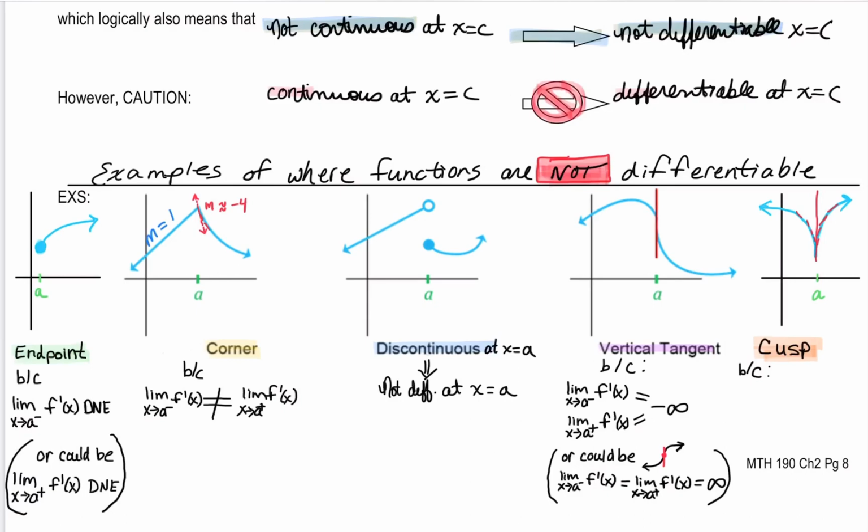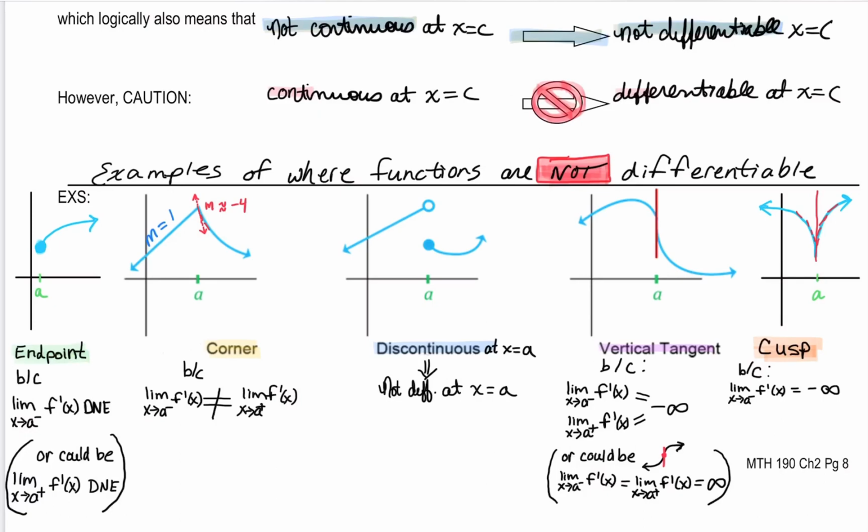And so, again, I've lightly drawn in some little tangent lines approaching. If you notice, those tangent lines coming from the left, they're all negative, getting very, very steep. So going to really large negative numbers. So maybe it's -1, -2, -100, and so on. So if I was to write this out, I would observe in this situation that the limit as x approaches a from the left of f prime is going to negative infinity.